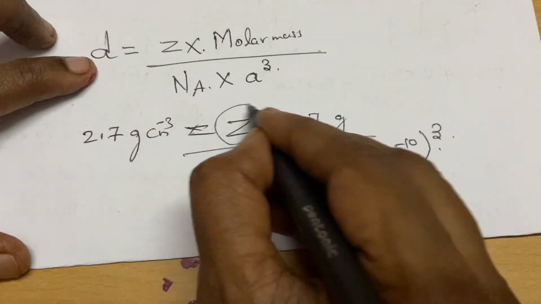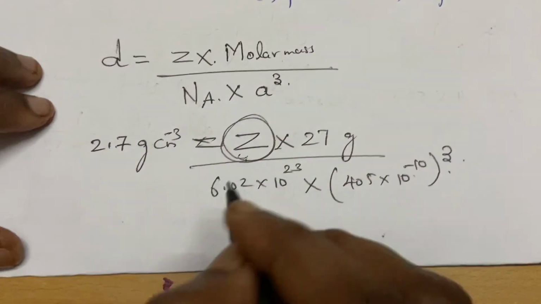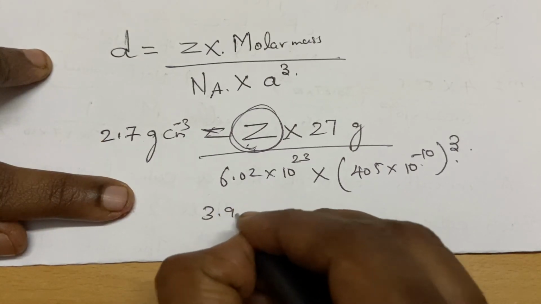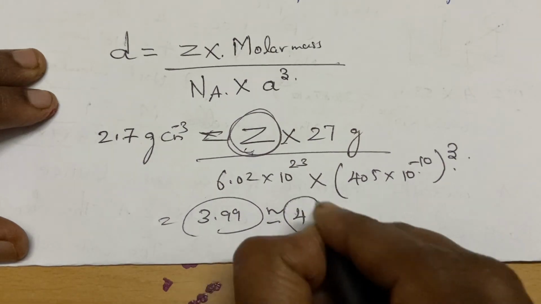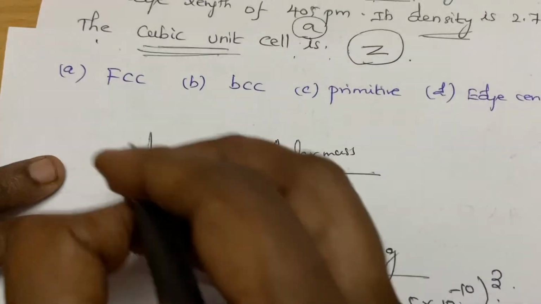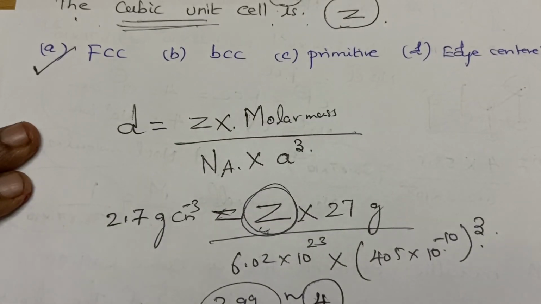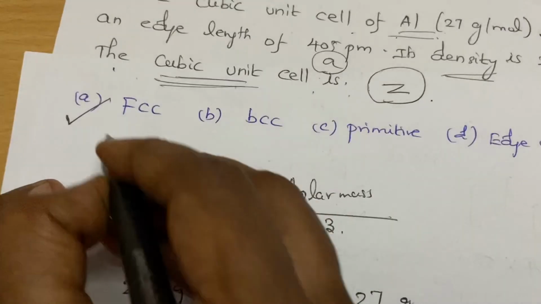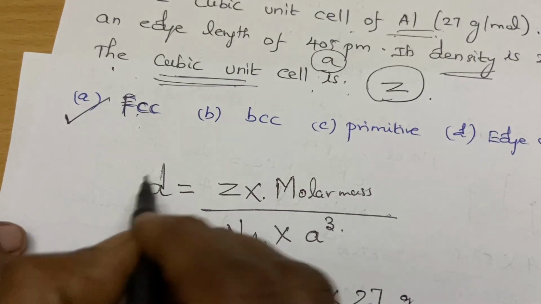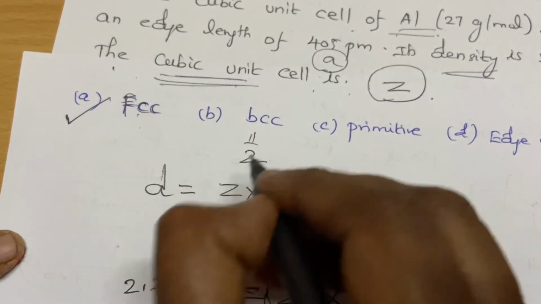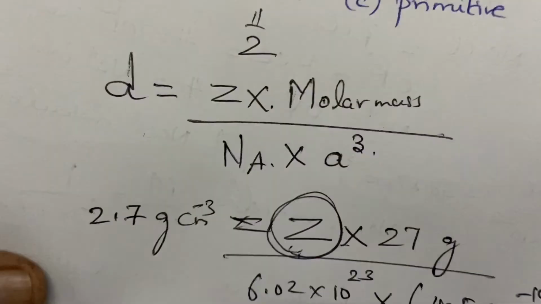So you have to find the density. If you solve this, you will get roughly 3.999, which you round off. So you will get Z value 4, which is equal to FCC. Z value for FCC is 4 and BCC is 2. You remember, no? And for simple cubic it is 1.